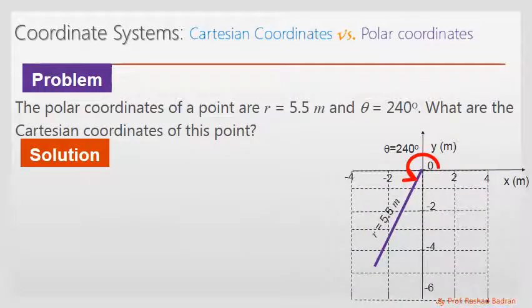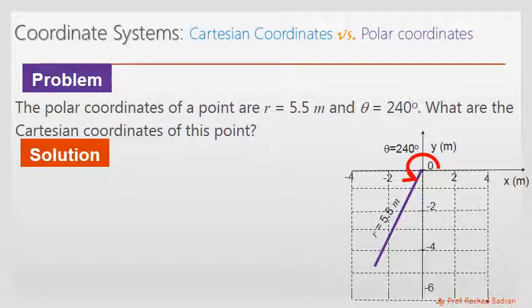As an application on the transformation of a point from one coordinate system to another, let us take this problem where a point is represented in polar coordinates as r equal 5.5 meters and theta equals 240 degrees. What are the Cartesian coordinates of this point?